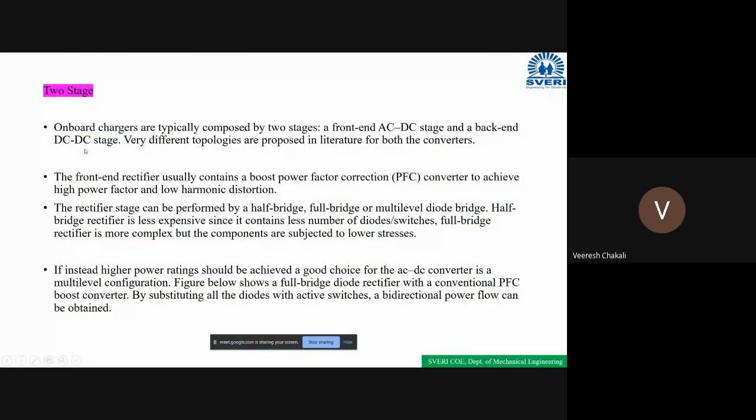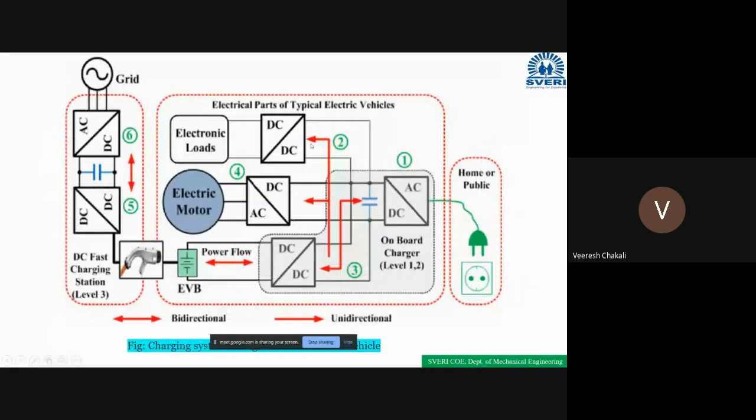Okay, so onboard chargers are typically composed of two stages: front end AC to DC stage and back end DC to DC stage. Like we have already explained, this is the front end side and this is the back end side, DC to DC, and the front end side converter is AC to DC.